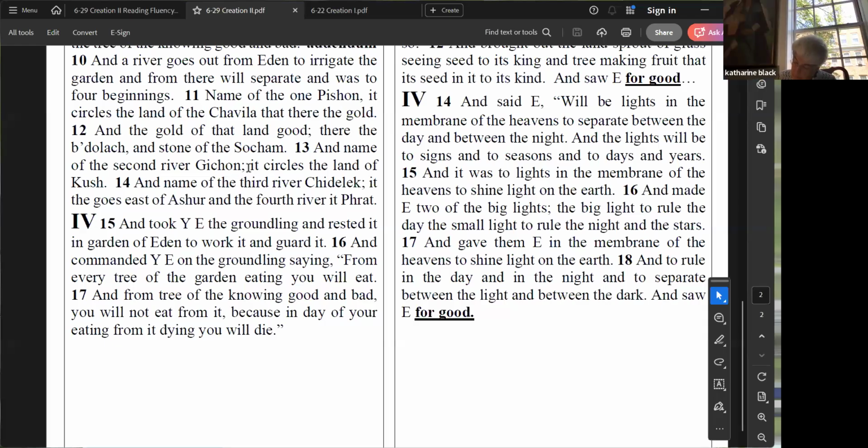Everything you can eat except the tree of knowing good and bad, the Eitz Hada'at Tov V'Ra, you will not eat, because on the very day that you eat from it, you will die.